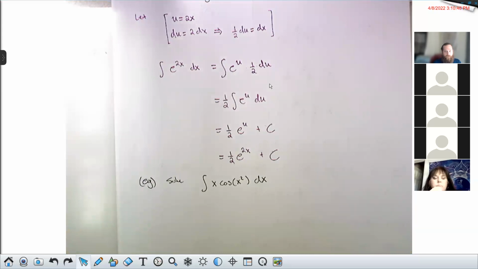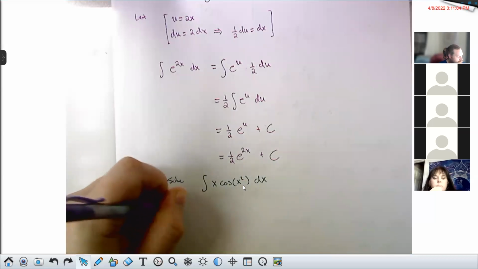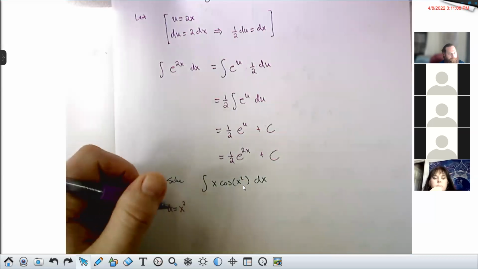The idea is basically the same. If I wanted to differentiate the cosine of x squared, forget about the x up front for a minute. If I wanted to differentiate cosine of x squared, that would be a chain rule thing where the inner function is x squared. So let me make the substitution u equals x squared.